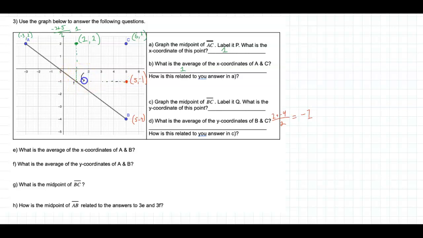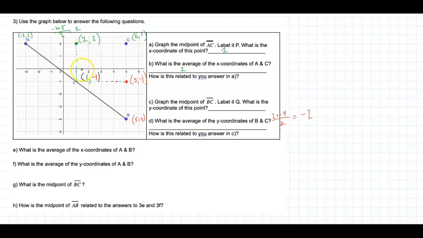Now, what we have is our midpoint that would line up there, right? So our midpoint here is going to be at, for the x value, we know it's 1, and our y value is at -1. Now, how do we do that? Really, what we're doing is finding the averages of the x coordinates and the averages of the y coordinates.